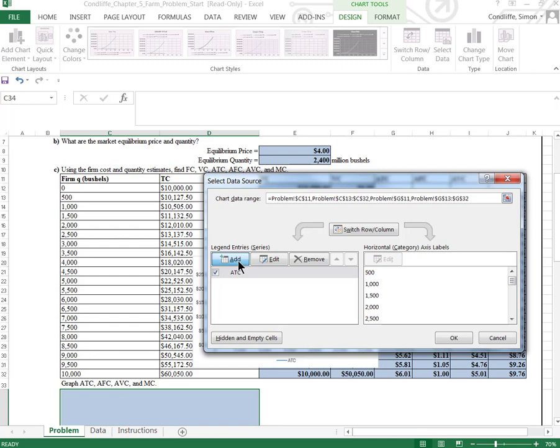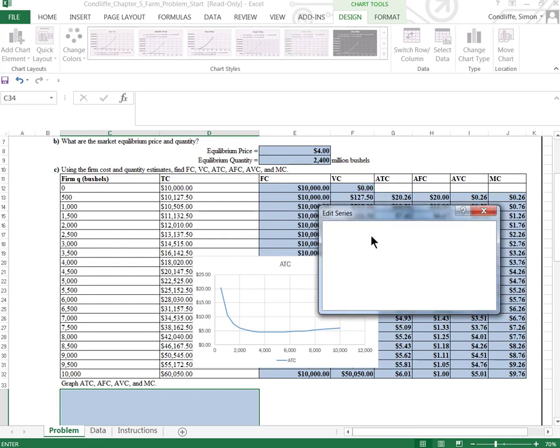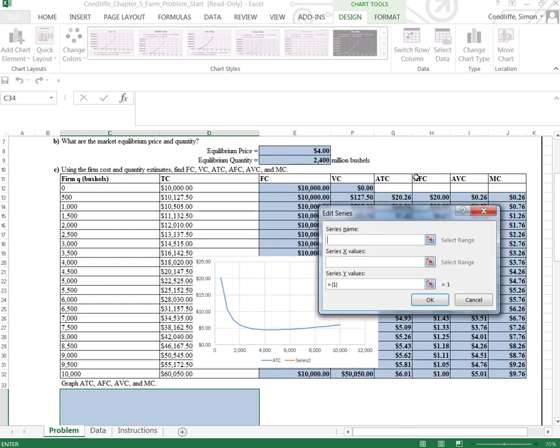Then we're going to add average fixed cost over the same range.